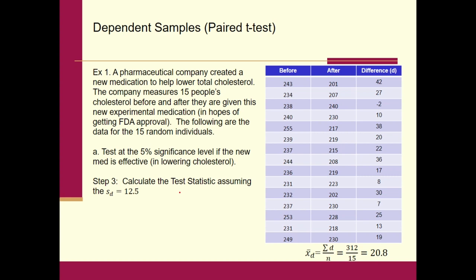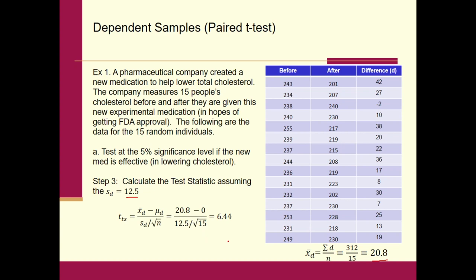So let's figure out our test statistic. We have an x bar sub d of 20.8 minus 0. That's coming from the value of the null hypothesis. What's the value of the null hypothesis for mu sub d? 0. Then we have the standard deviation of the D's of 12.5, and we divide that by the square root of n, which is the square root of 15.